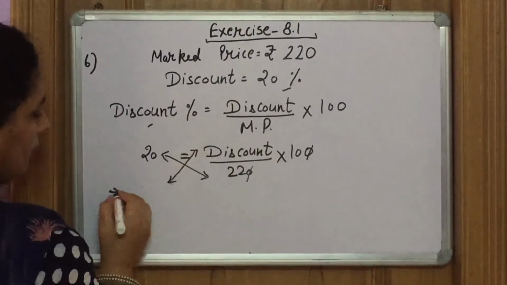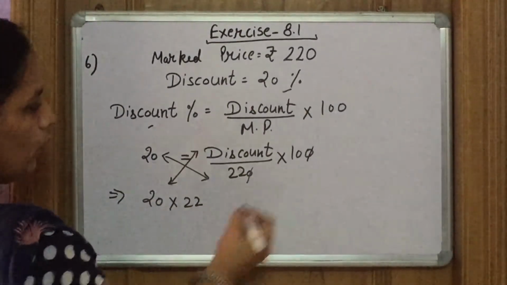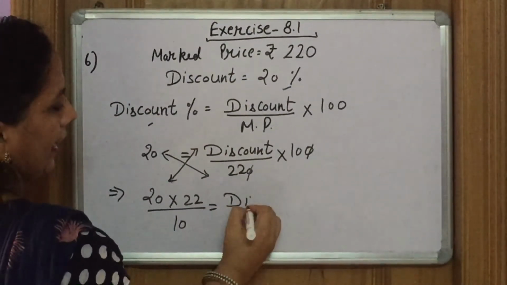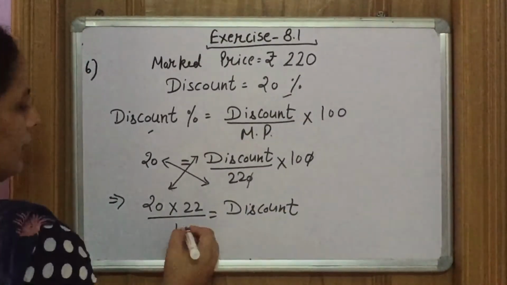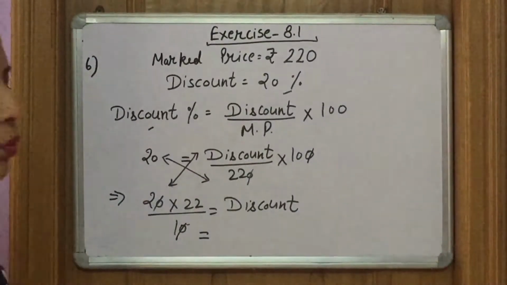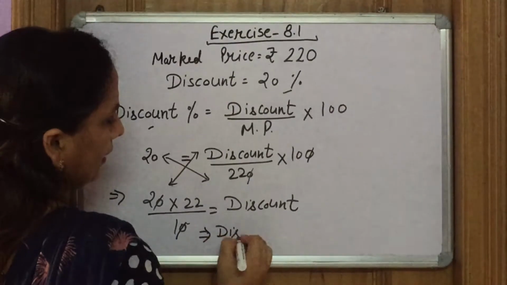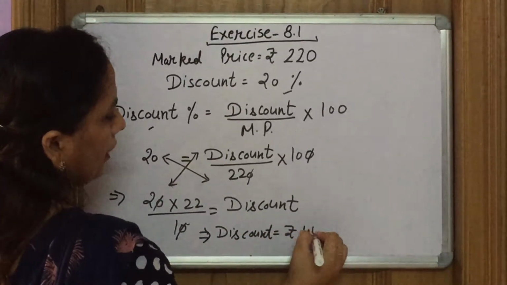After that, we will get 20 multiply by 22, 10 will be in the divide and discount on the right hand side. After that, cancel out the 0, 22 multiply by 2, we will get 44. So we can say that here discount is rupees 44.